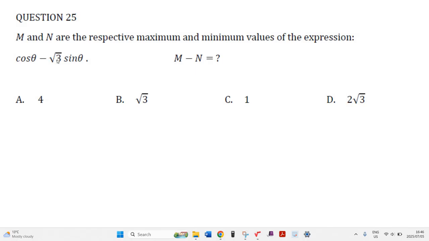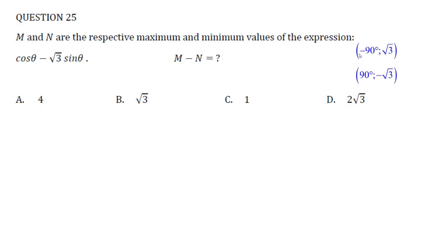That gives me the square root of 3. The cosine of 90 is 0, but that would give me a nice maximum of root 3 at minus 90. So the minimum, because we know it's a wave function, if the maximum's root 3, it makes sense that the minimum's negative root 3, and that would give you 2 root 3.